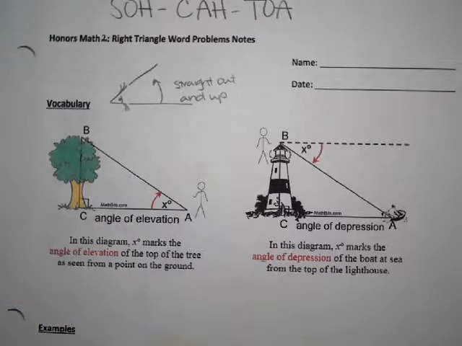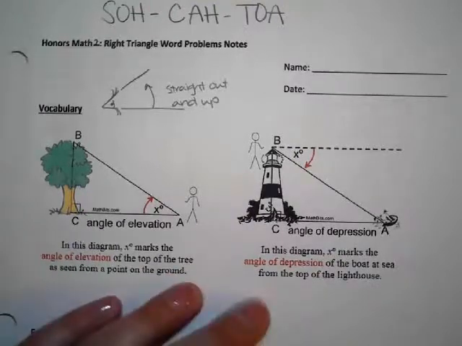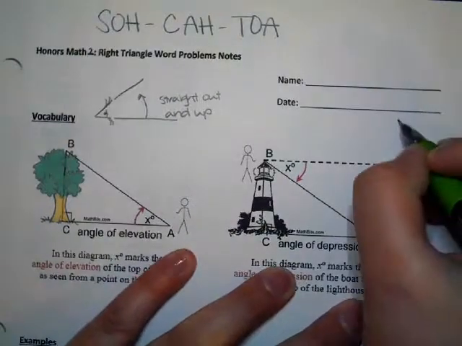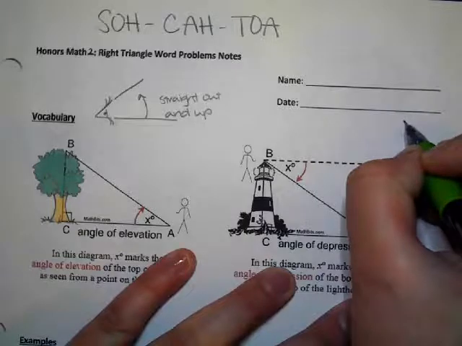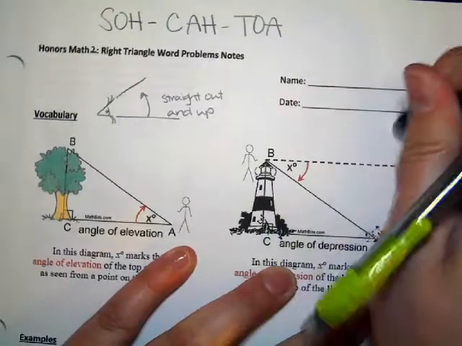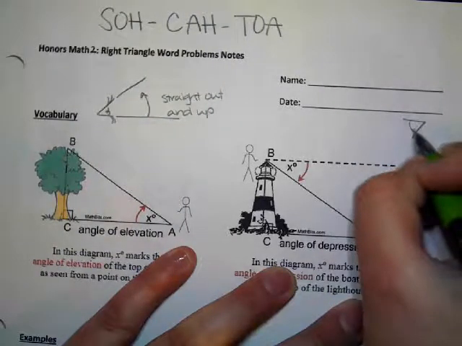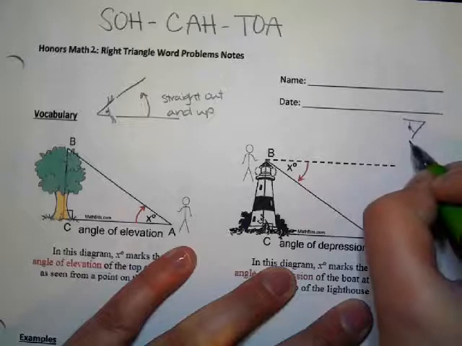And then, what does the word depression make you think of? Sad. And when you're sad, do you look up all the time? No. Where do you look? Down. Okay, so for angle of depression, we're going to put the eyeball right here. Oh, I shouldn't have drawn the eyeball first. Hold on.